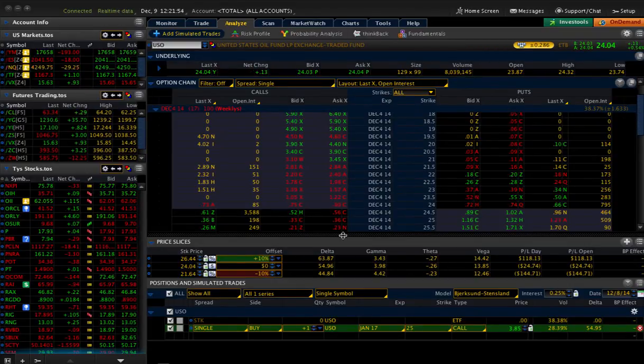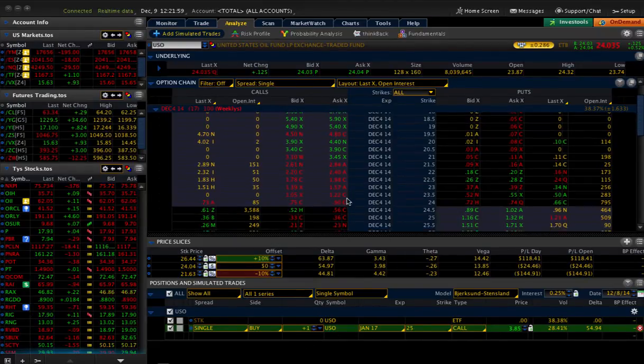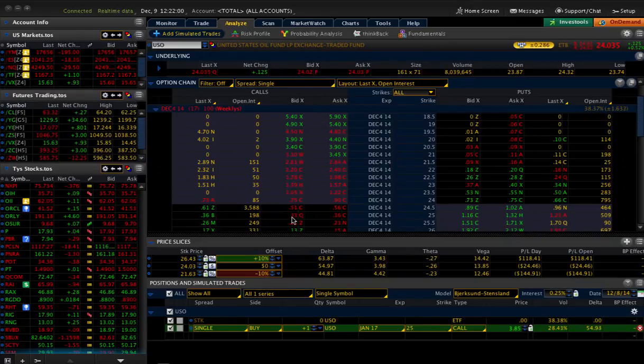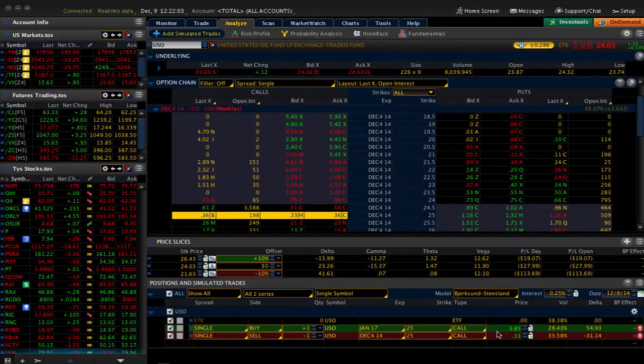That's what I want to show you here. I already have one queued up down here, and I'm also going to click this bid right here, and that's going to bring it down here. So now this is an example. This live price right here is what we're at. So we're at 24.05, buying one January 2017 call option, then simultaneously selling the December 4, 2014 weeklies is going to give me a $3.50 debit.